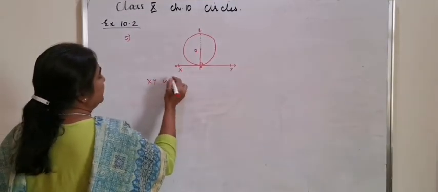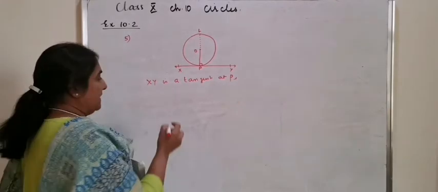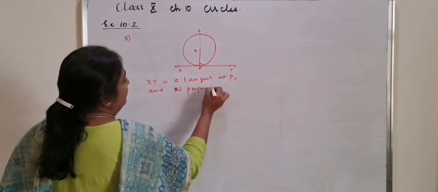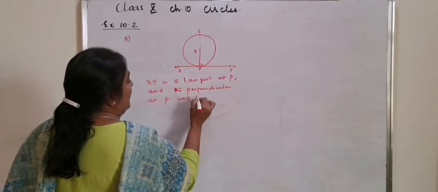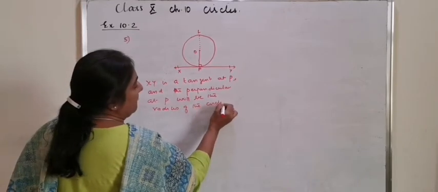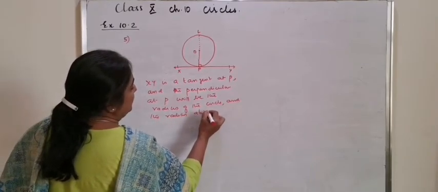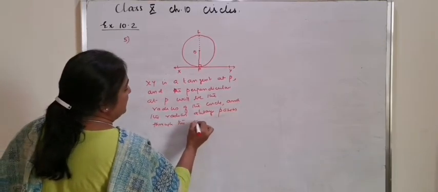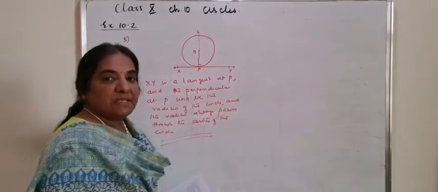XY is a tangent at P, and the perpendicular at P will be the radius of the circle, and the radius always passes through the center of the circle.